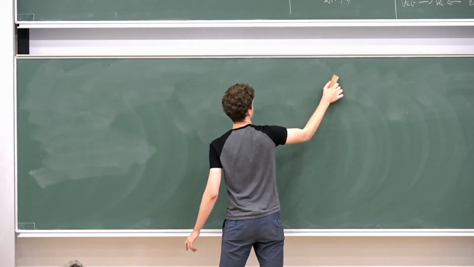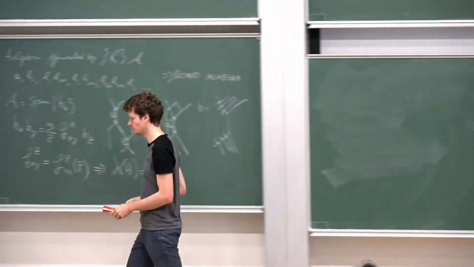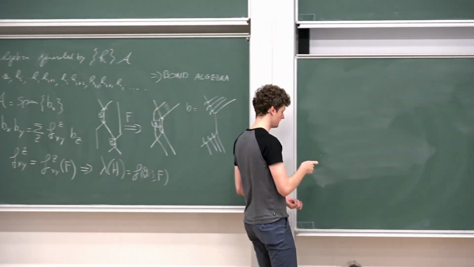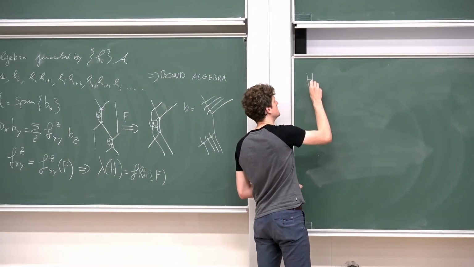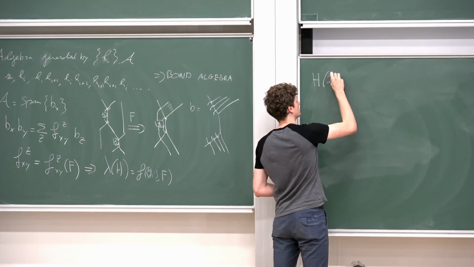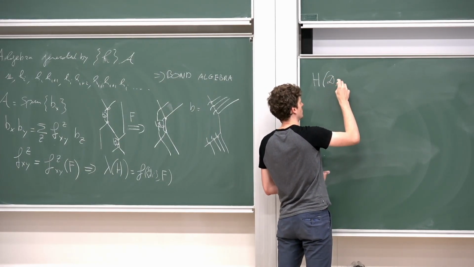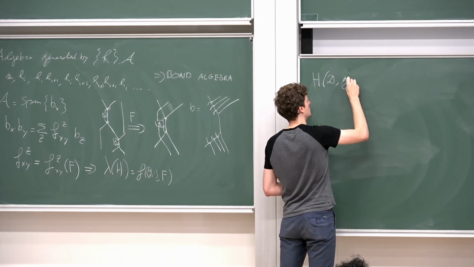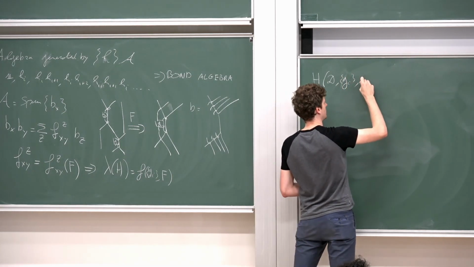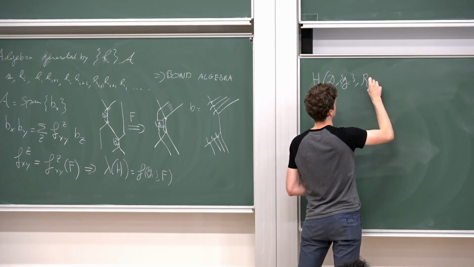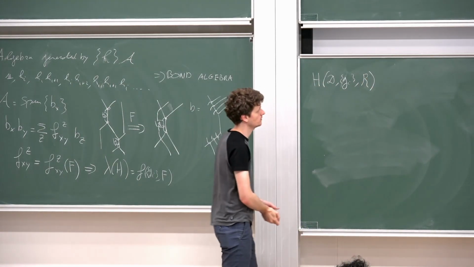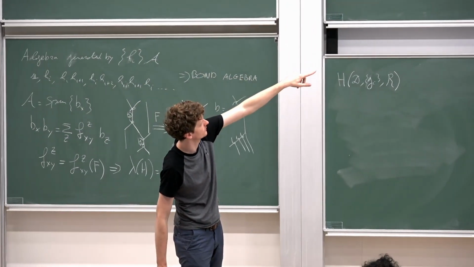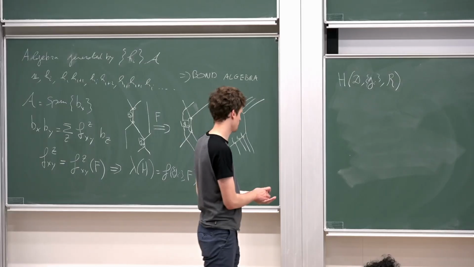So, explicitly, what I've told you amounts to the following. If I take some Hamiltonian, let's say it depends on some choice of fusion category, choice of coupling constants G, and of course, explicitly, it's going to depend on a choice of module category, because those tensors depend on this choice of module category through this little triangle F at the top right there.